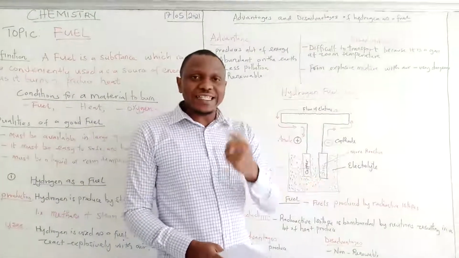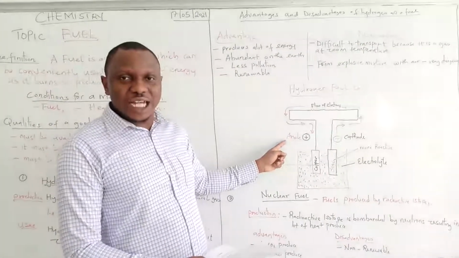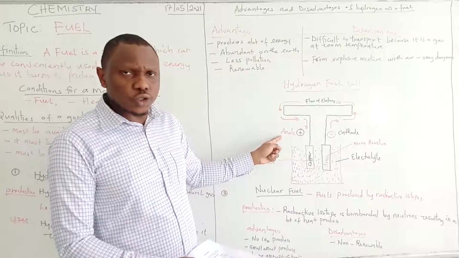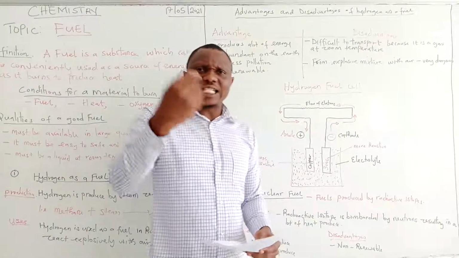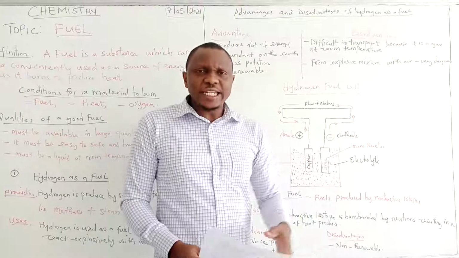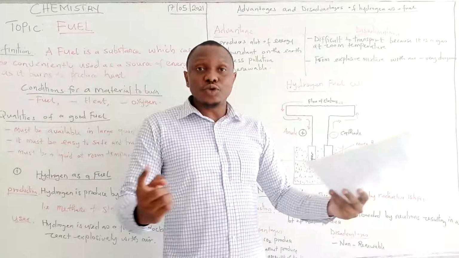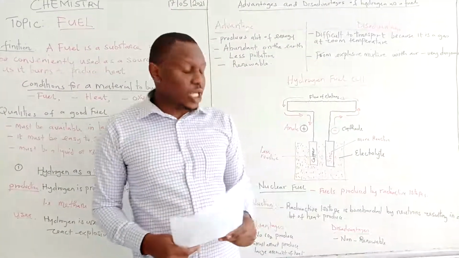Remember, the cathode is the negative terminal, while the less reactive metal, which is copper, makes up the anode. The differences in their reactivity produces a voltage. Therefore, if their difference is large, it will produce high voltage.